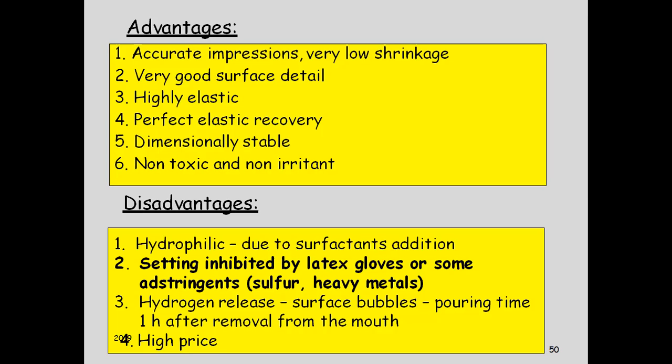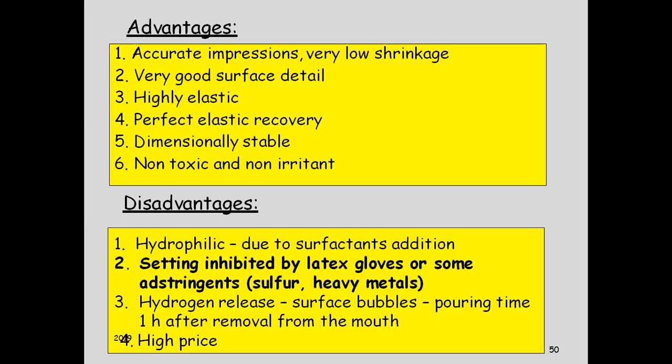If it is a two-stage impression, if we take in two-stage, two-step, in the second step we have to mix the light body with the catalyst, right? Then again we have to take the impression. You can see it very well on YouTube, right? In case of silicon, first we have to take the putty impression. Then putty impression is a hard body impression.